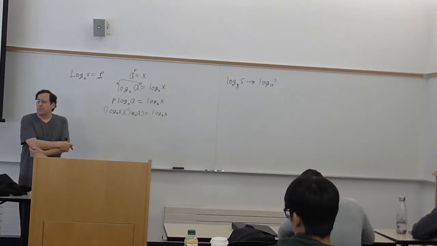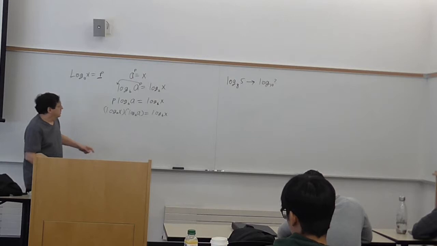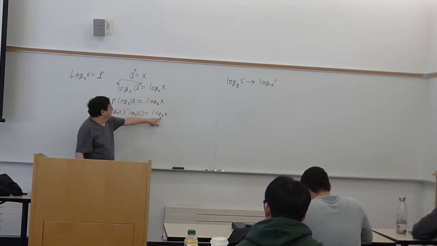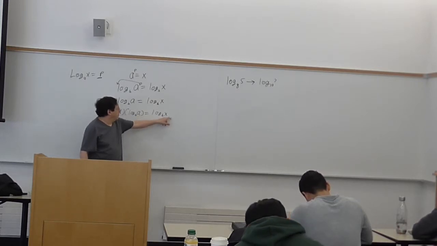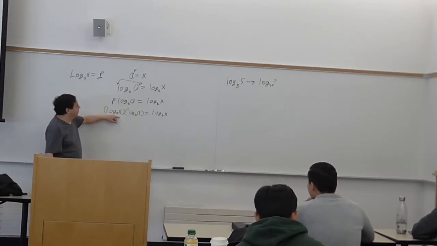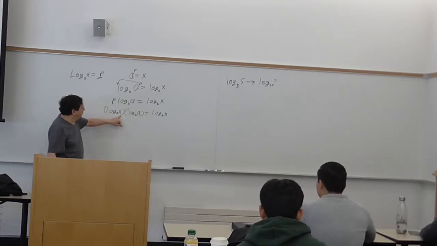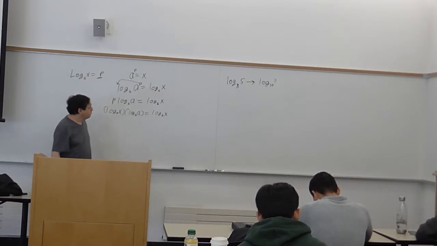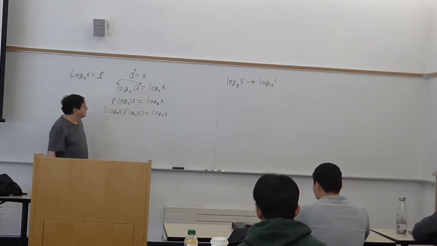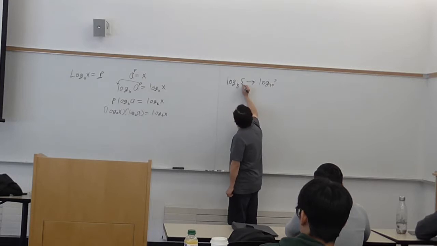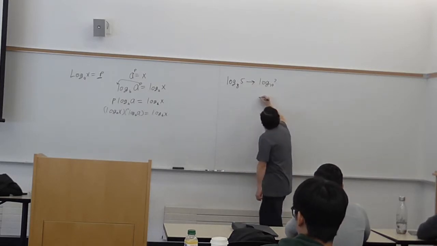Well, here I have one version of my change of base formula. I have some number, right, which is log to the base b of x, and I'm expressing that as log to a different base using that same value, and I see that what I need to do is multiply by a constant. So if you think of this here as log to the base b of x, what have I found?